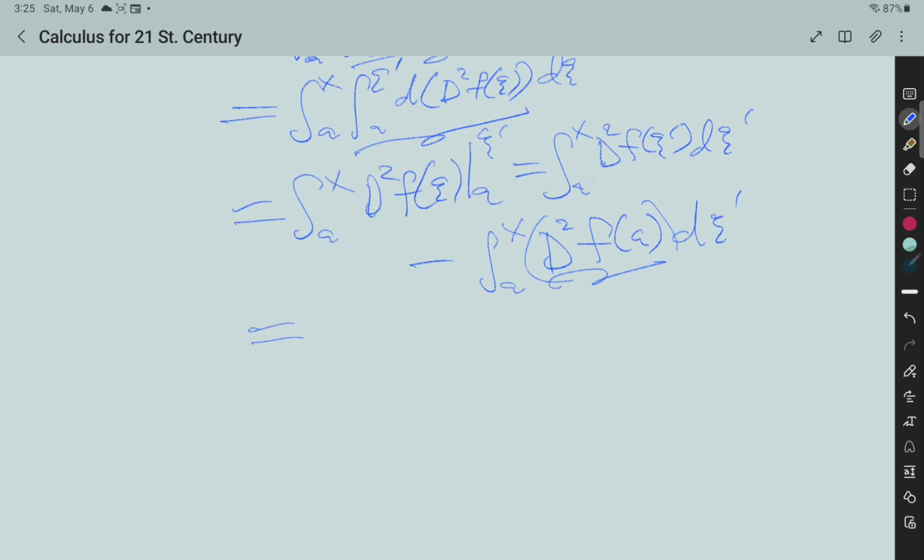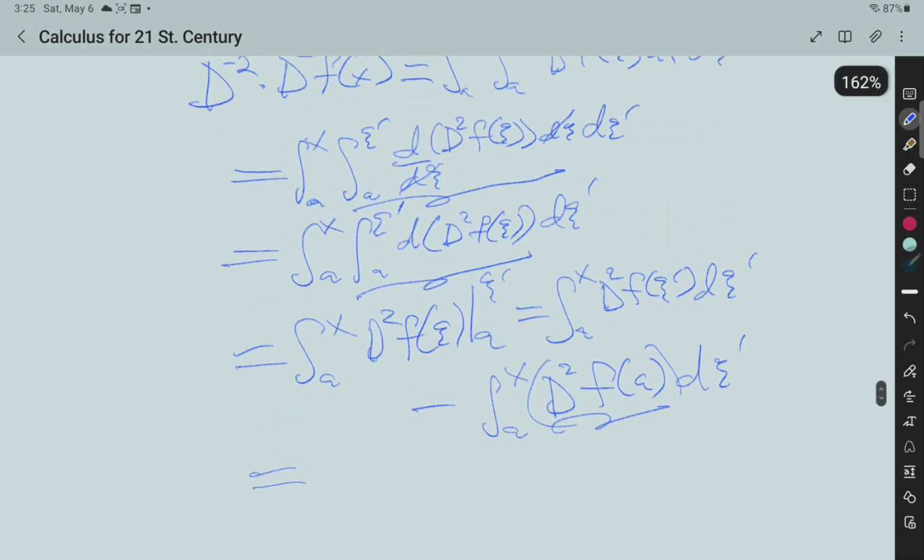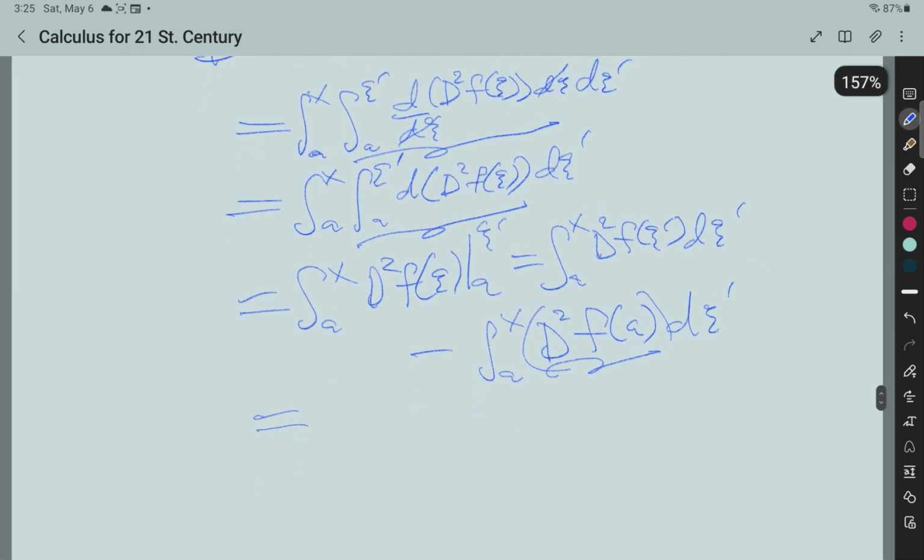Okay, so the first one on the right hand side is going to be, I'm going to take out another d, so it'll be a of x d of c prime, and then I have a d of f of c prime, d sigma prime.